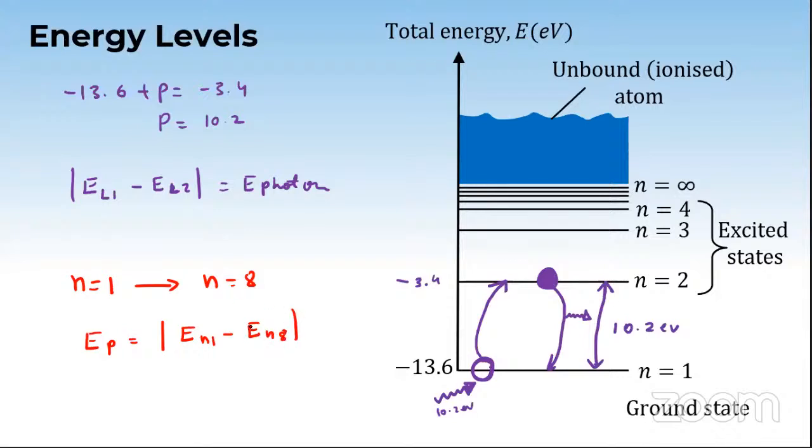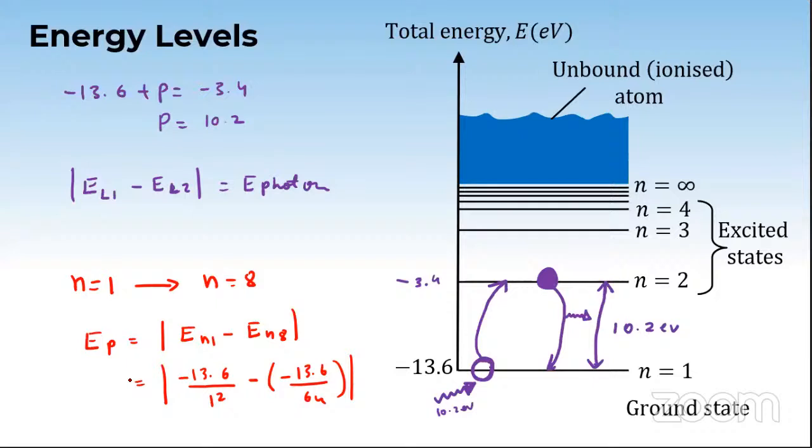I'm putting modulus because it is a scalar quantity. So I get minus 13.6 by 1 squared minus minus 13.6 by 8 squared, which is 64. If I solve this, I can easily find out how much energy I'm supposed to give such that it will go to the eighth orbit.